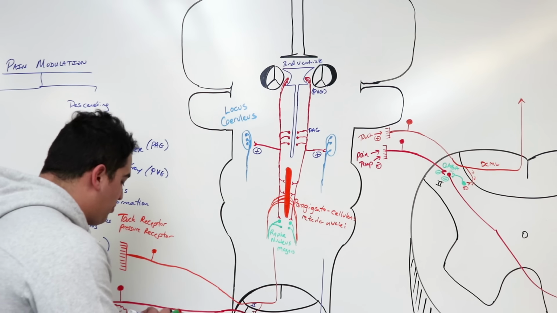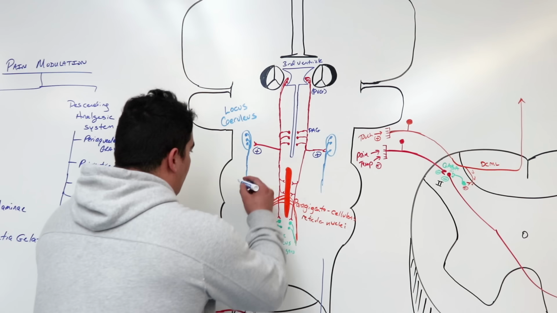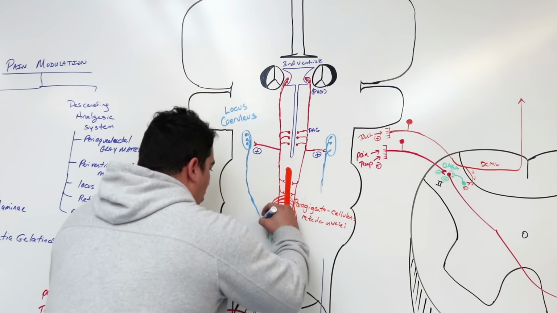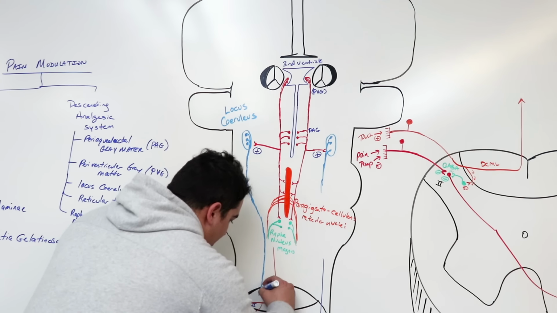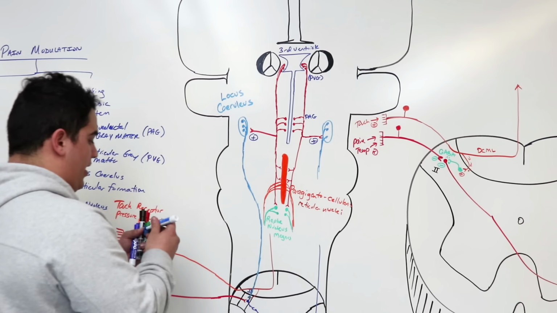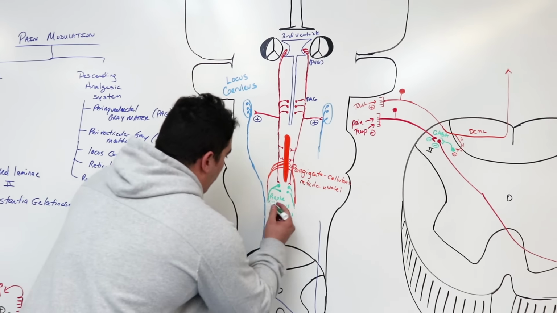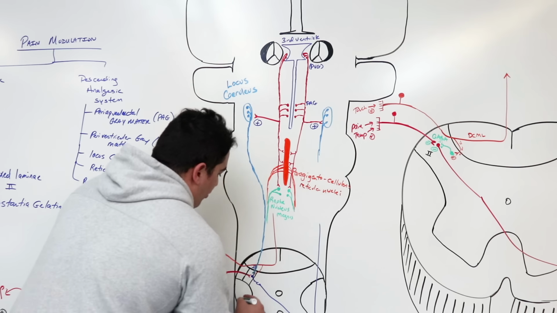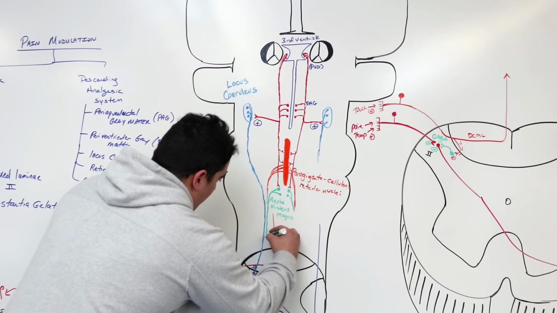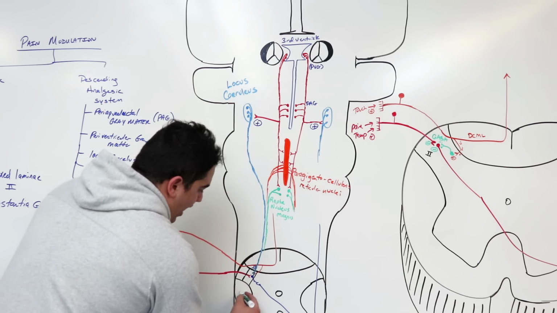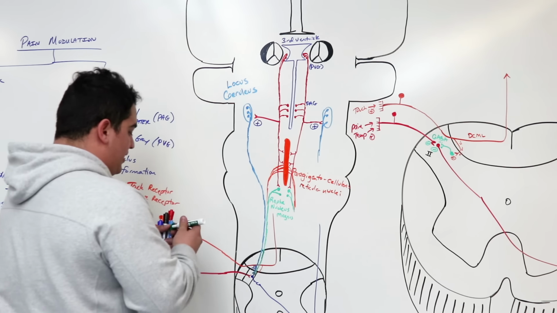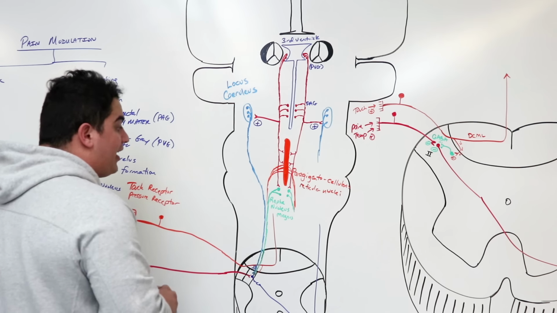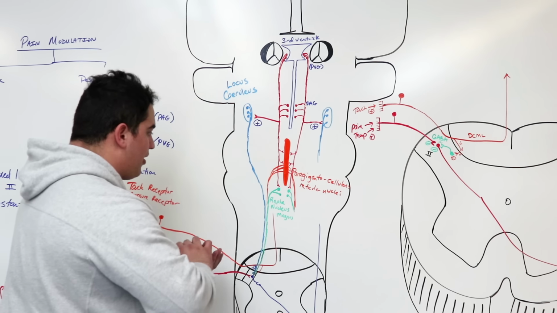Now, either way, let's bring all of these guys together down here, because they're going to descend right to this area here. When they descend, they go through the posterolateral aspect of the lateral white column, and then they come down and synapse on those cell bodies where the substantia gelatinosa of Rolando is.